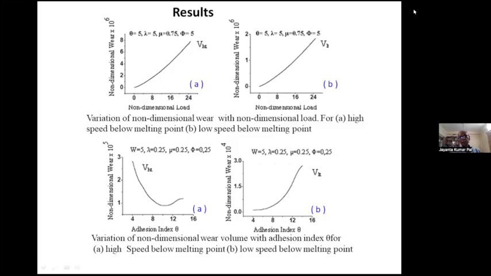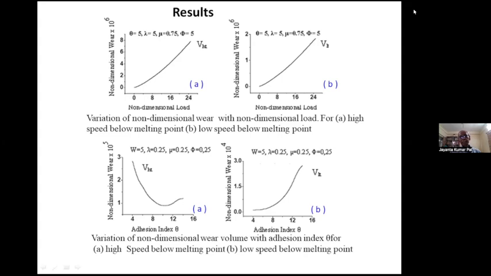This is shown in figure D, although this is for low speed, but the trend is quite clear that with a large increase in adhesion index, the wear increases significantly.